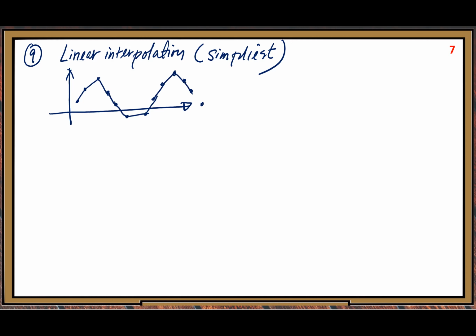If you check the properties we have for linear interpolation: first, obviously, it is continuous. Second, it's simple, with easy evaluation. Flexible or not?